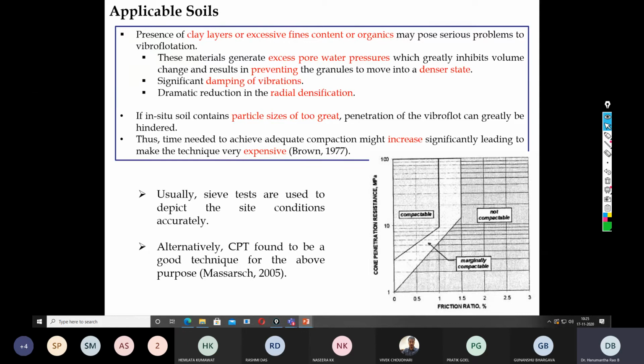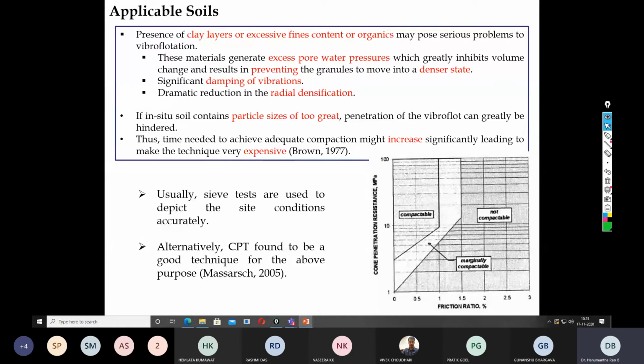Accordingly, initially you need to make a borehole and collect the soil sample at an interval of 1 meter or 2 meter or 4 meter, 5 meter, depending upon your interest. Then you have to keep on reanalyzing whether the entire profile remains the same or there is any change in the gradational characteristics. If there is a change, accordingly you have to increase or decrease the energy depending upon the fines content.